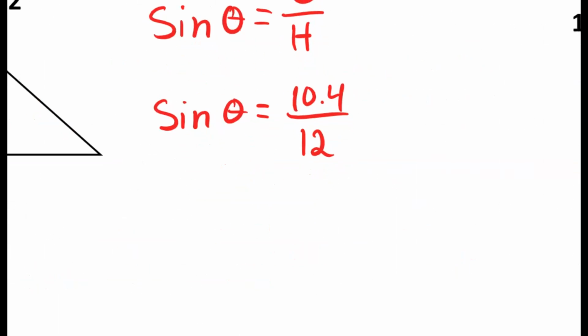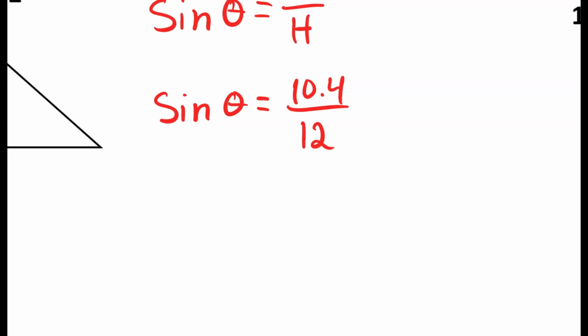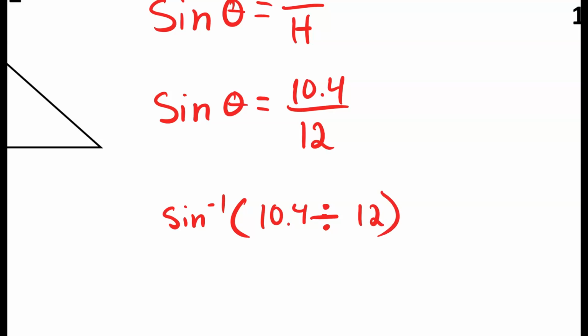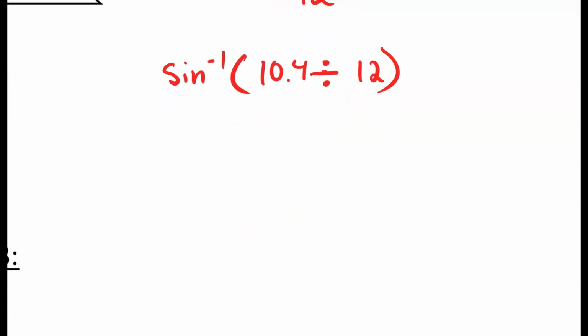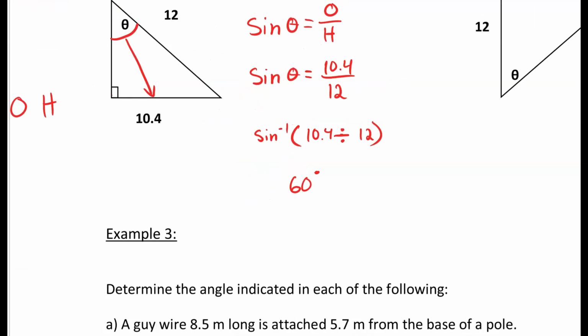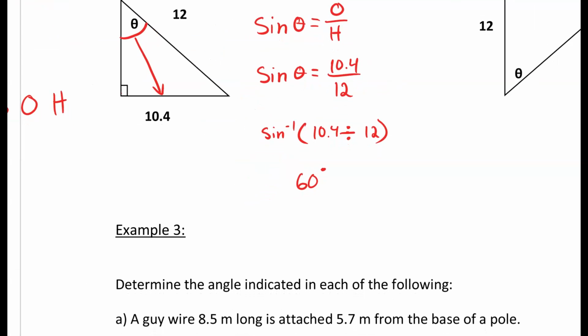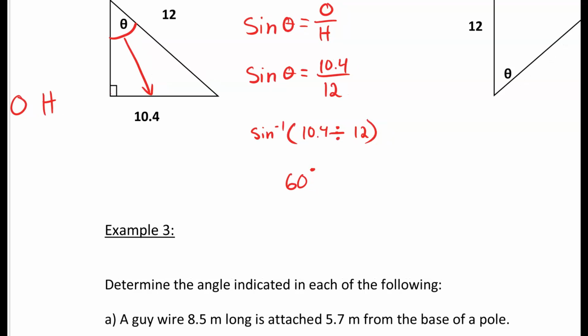So you can put that in brackets and do your second function. So you'll get sine -1, your inverse, and then do 10.4 divided by 12, and we're going to get an answer of 60 degrees. So our missing angle there would be 60 degrees.